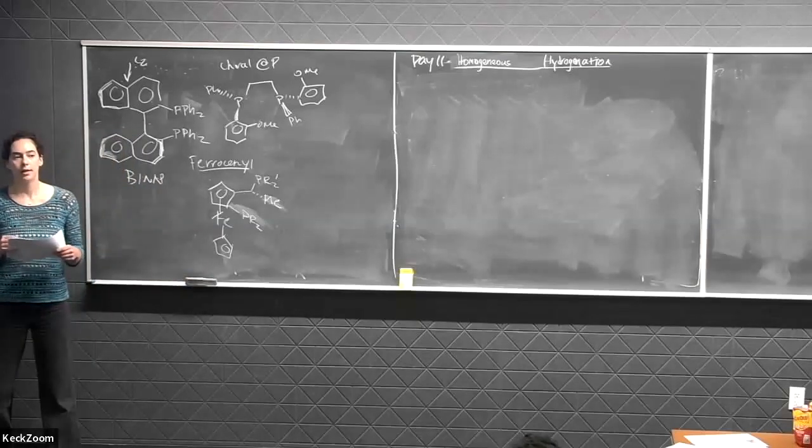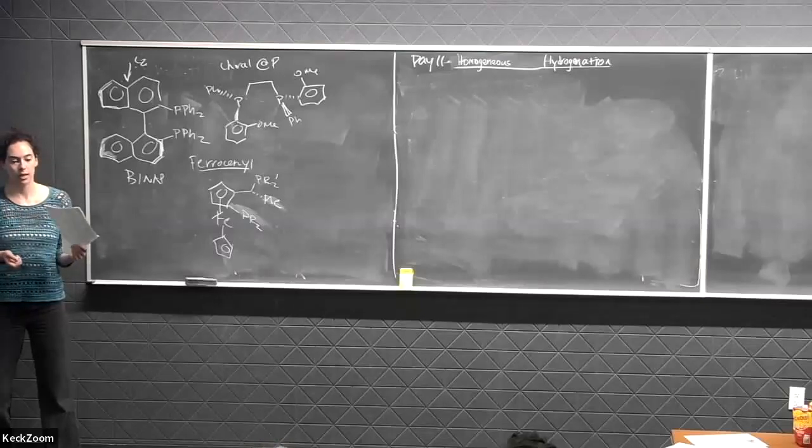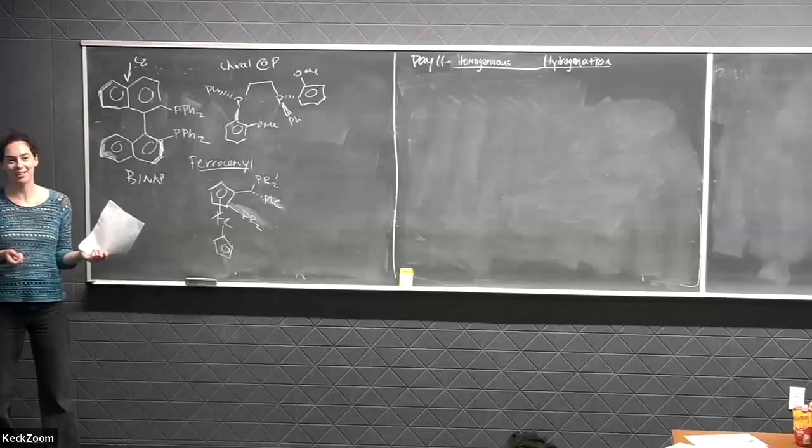So within industry, most chiral centers are made through asymmetric hydrogenation. That's why this reaction is so important and why so much of the book is dedicated to it.